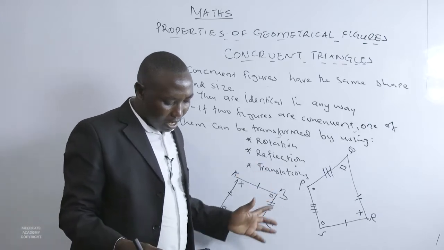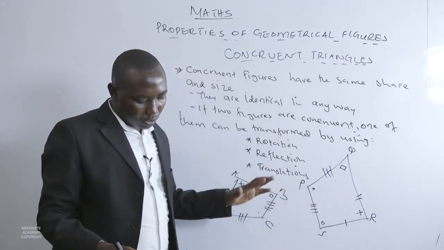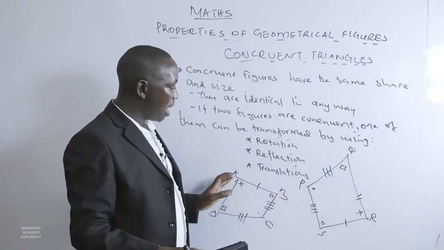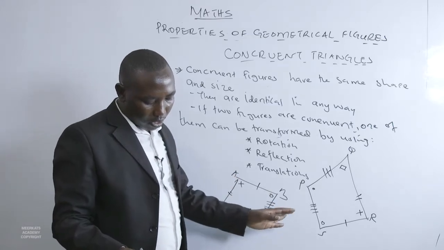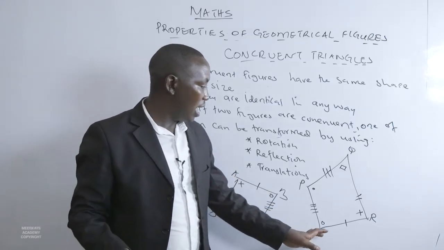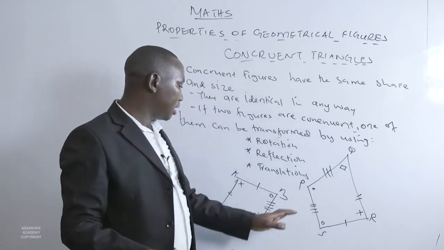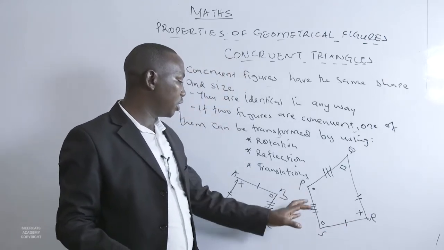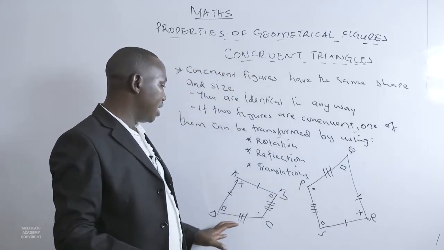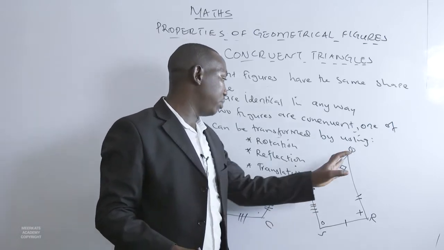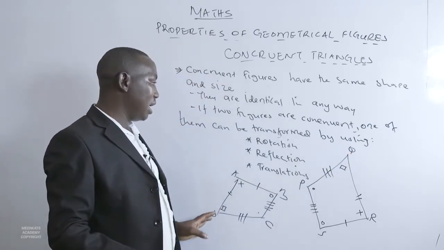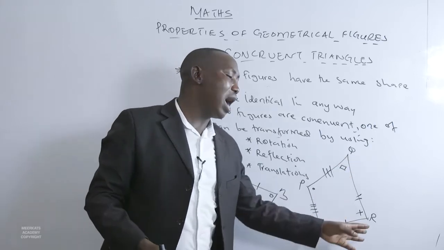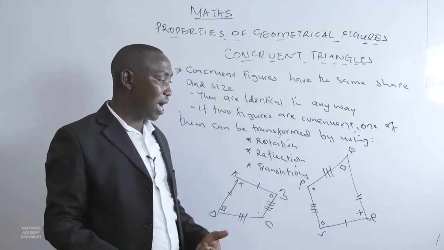Now in these two shapes, as you can see, AB corresponds to SR, BC corresponds to RS, DC corresponds to PQ, and AD corresponds to QR by those special markings.